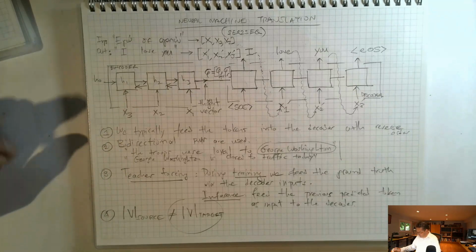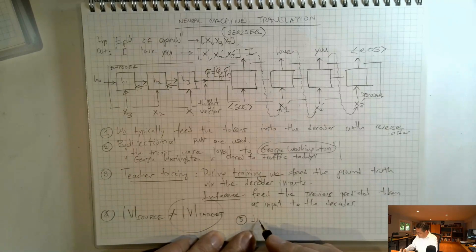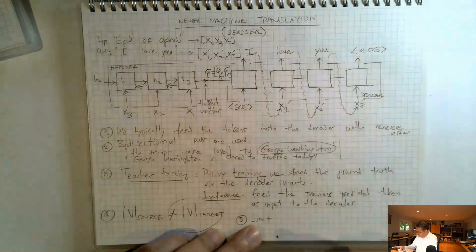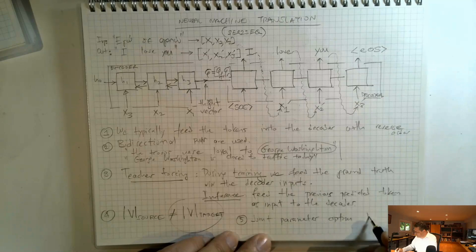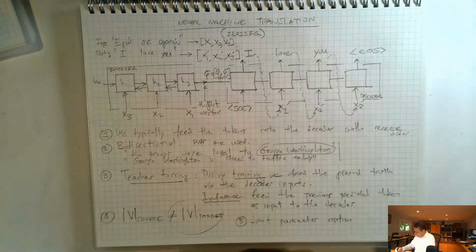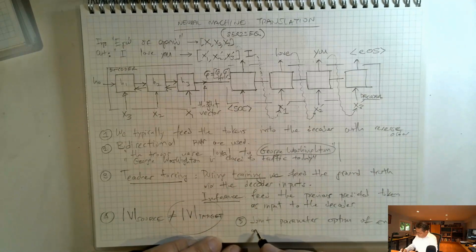So let me write it down: joint parameter optimization of encoder and decoder trainable parameters.